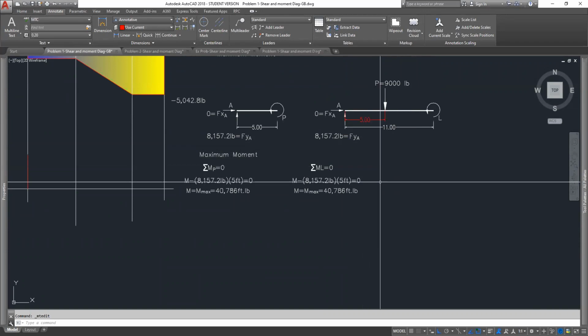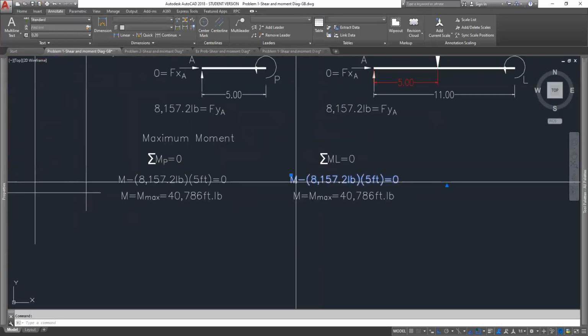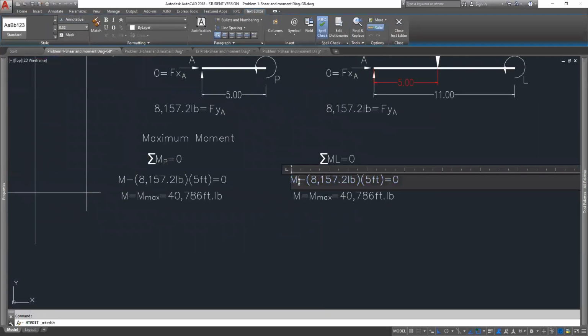So first one that we're going to do is our reaction at L. So I guess we could almost call this the moment at L. I should have done that in the other one.